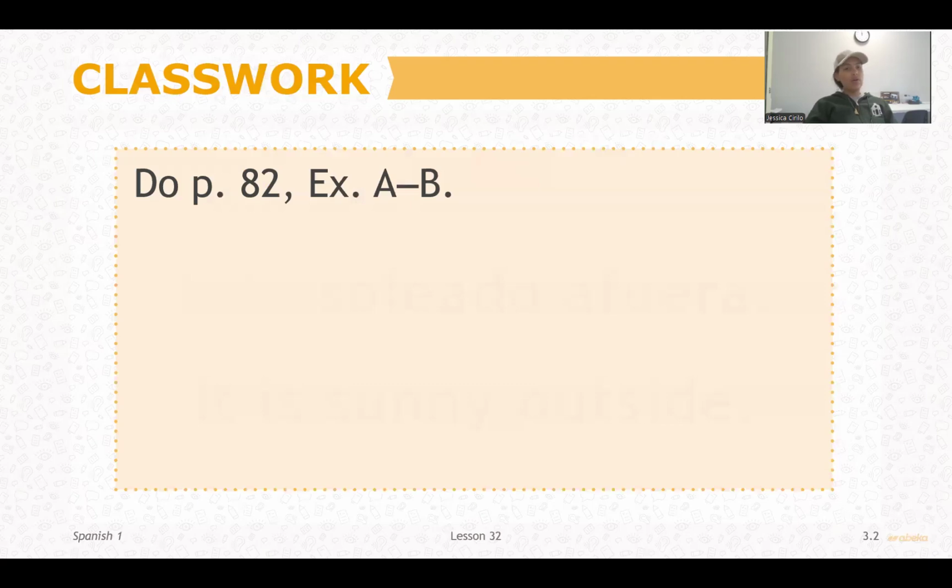Okay, so now we're going to do page 82, and that will be exercise A and B. You just have to conjugate the verbs ser and estar in the present indicative that they give you there.